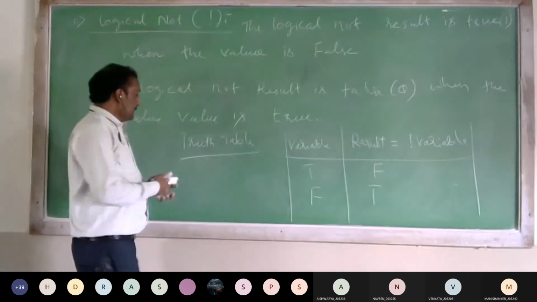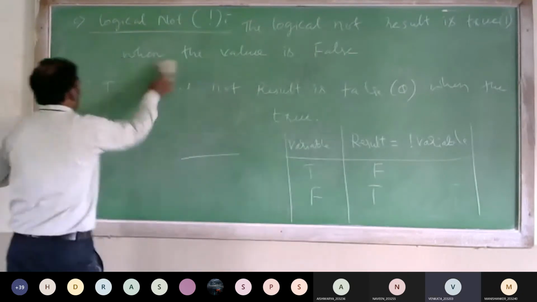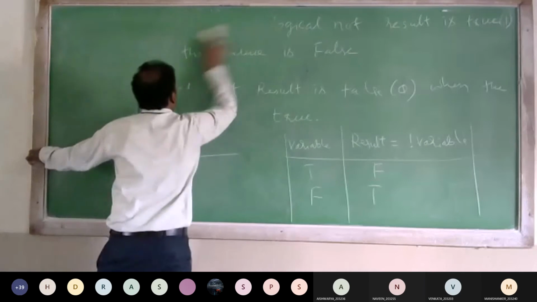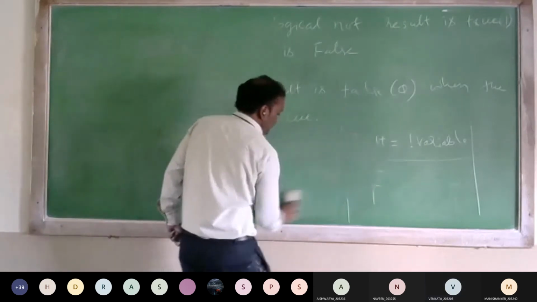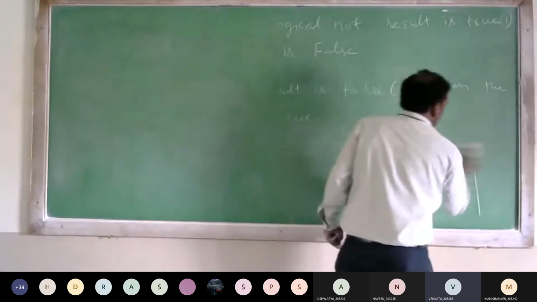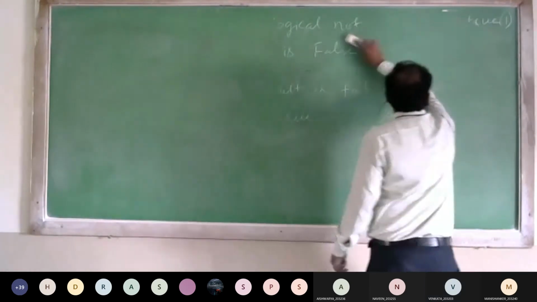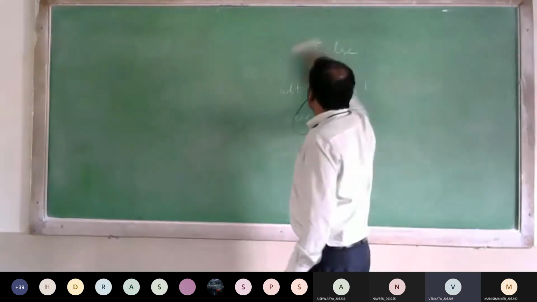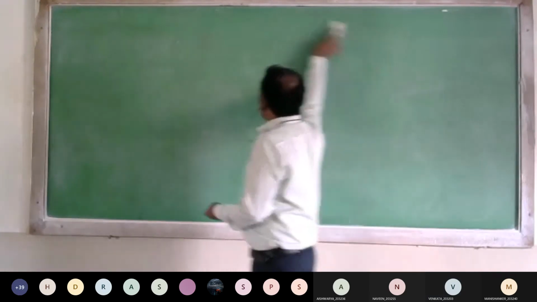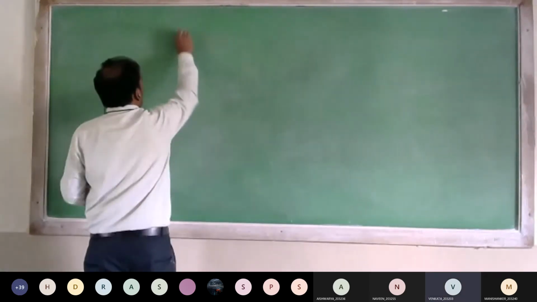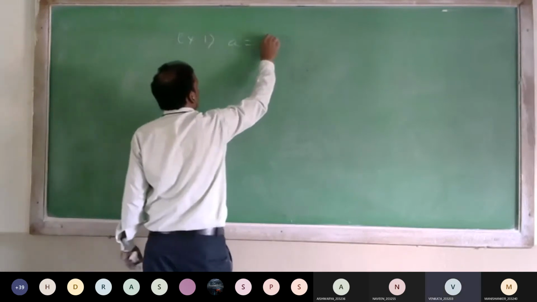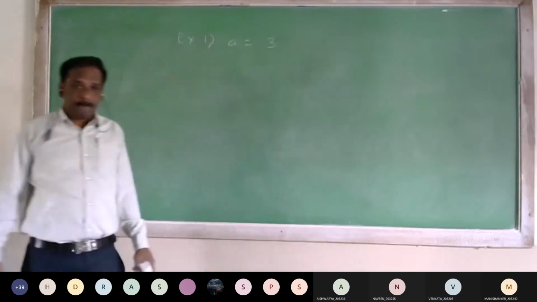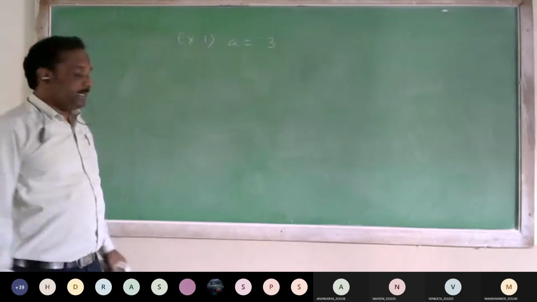Now we shall see some examples for logical NOT. Example 1: A is equal to 3.